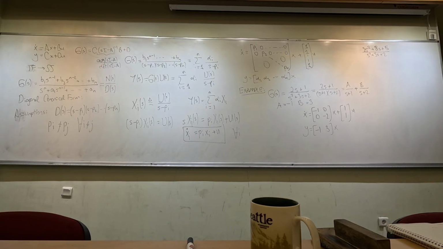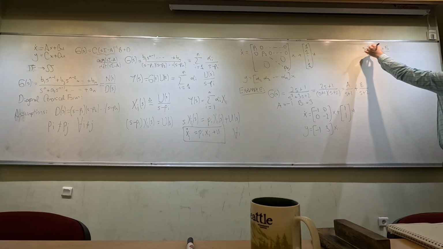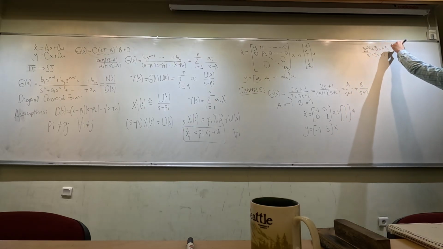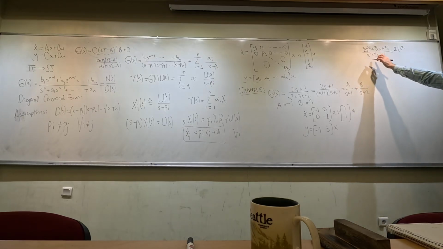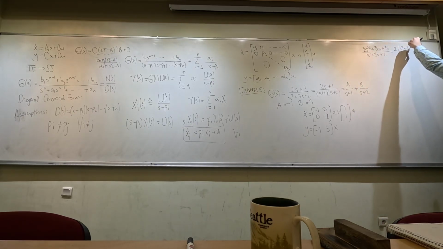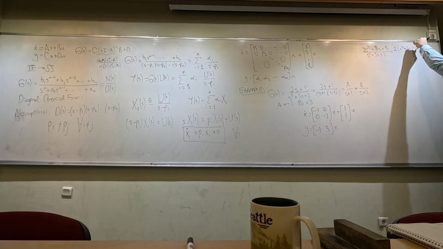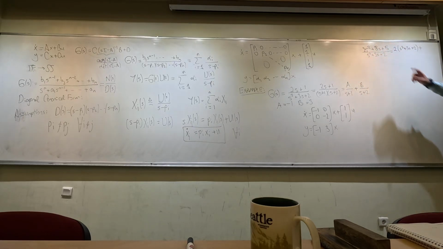Okay. So here the first thing that I'm doing is the following. I can write this transfer function as this: 2 in parentheses, s squared plus 3s plus 2 here. Okay. And then what am I going to add here to have the same numerator?